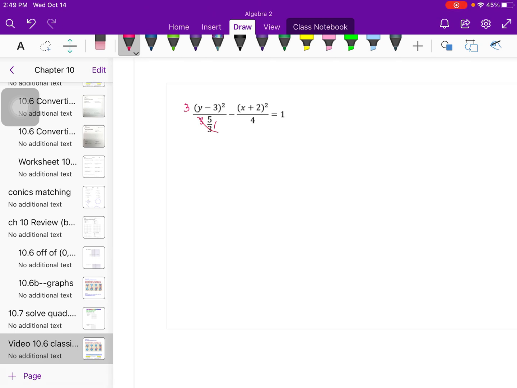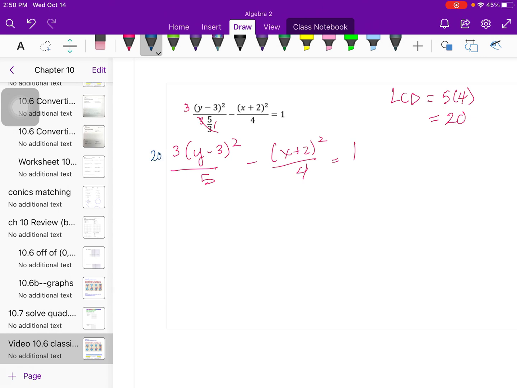So here that would reduce. So I would have 3 times y minus 3 squared over 5 minus x plus 2 squared over 4 equals 1. So my LCD is between 4 and 5, which would be 20. So I'm going to multiply every one of these fractions by 20.